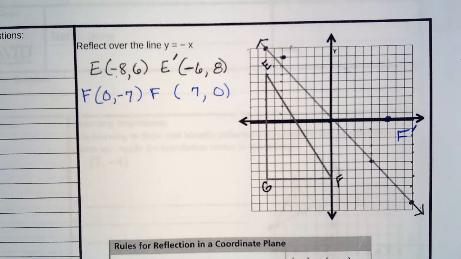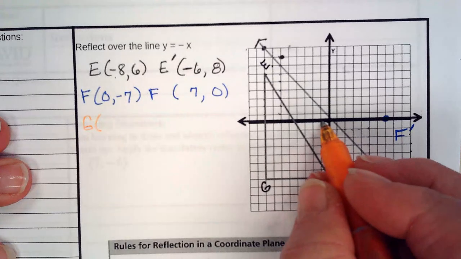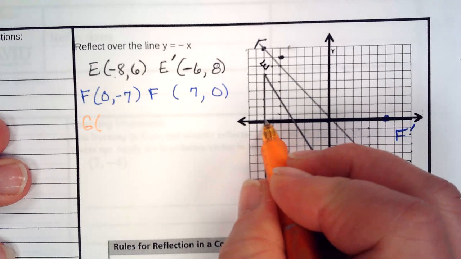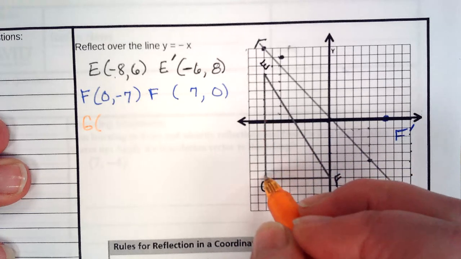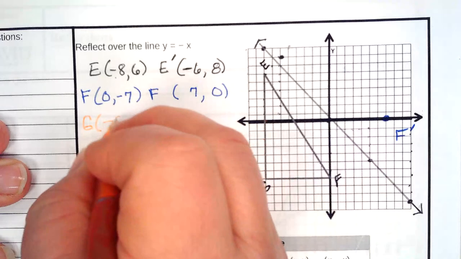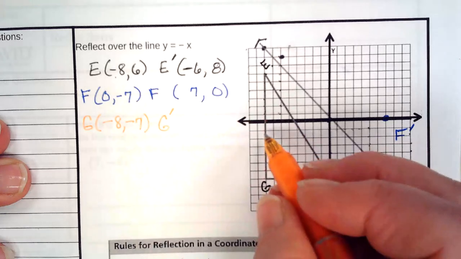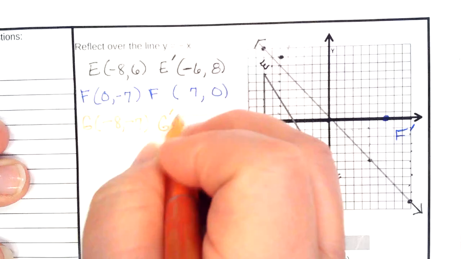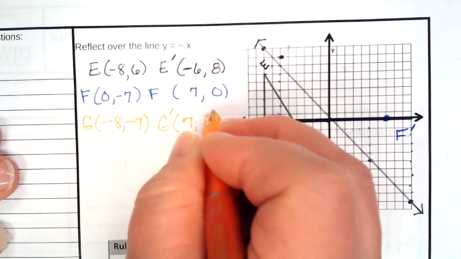What about for G? The point G is negative 8, negative 7. So G prime, I change them around, it becomes 7, 8.